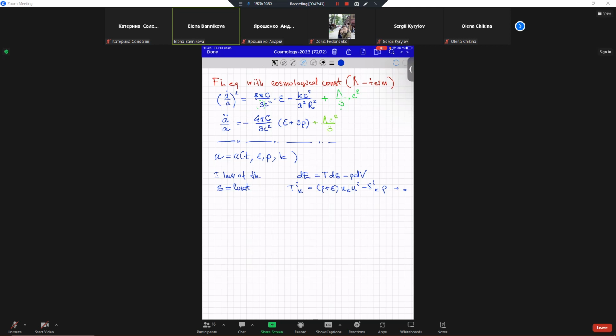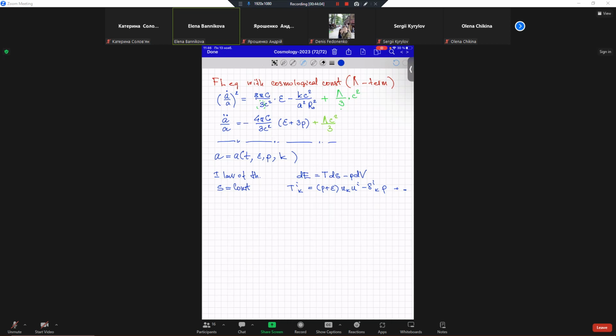Really, the change of the stress energy tensor due to the dissipation effect will be so small, much smaller than the total energy density of the universe.